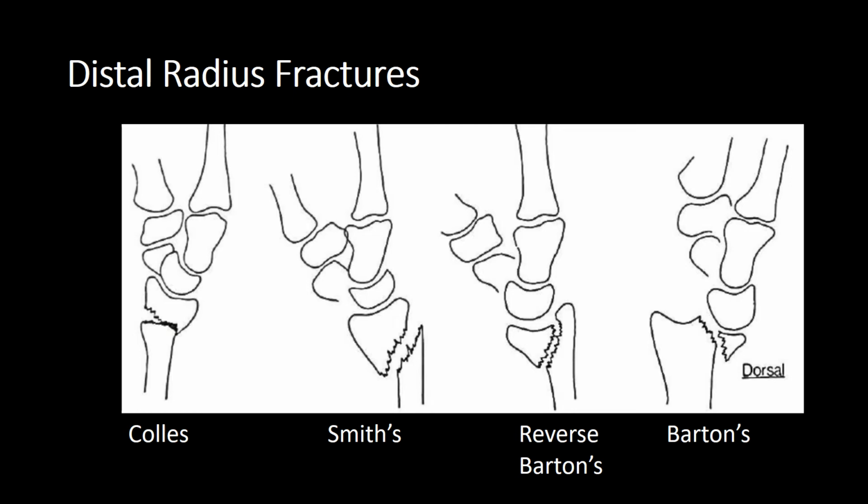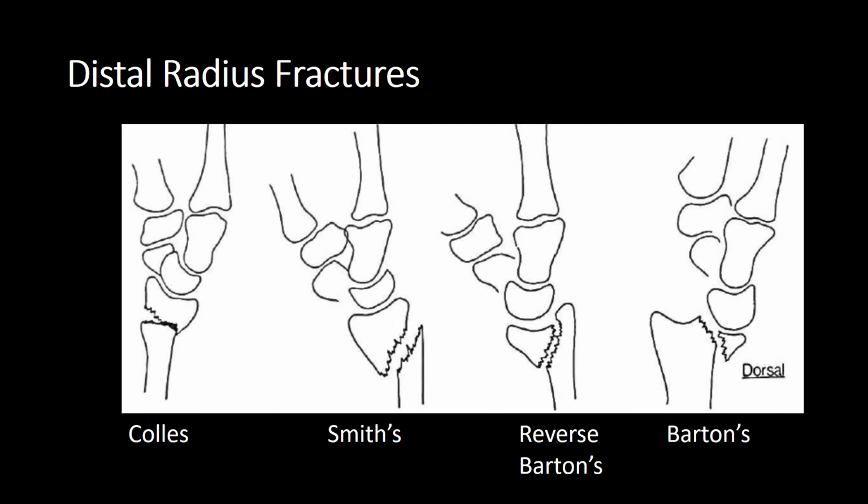Now, there are a couple of other things that I want you to remember, and this is when you're looking at post-reduction images. Because we deal with so many Colles fractures, what happens is that sometimes when we get the odd Smith's, with post-reduction, quite often the cast is applied to the wrong side because the technician is in autopilot and is casting for a Colles fracture because they've forgotten it's a Smith's.